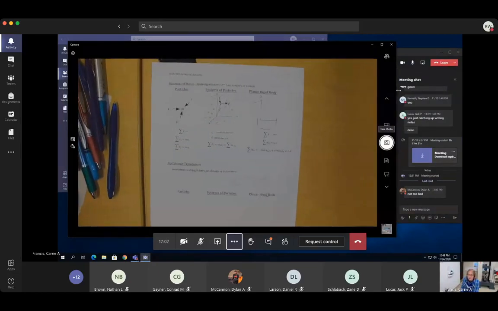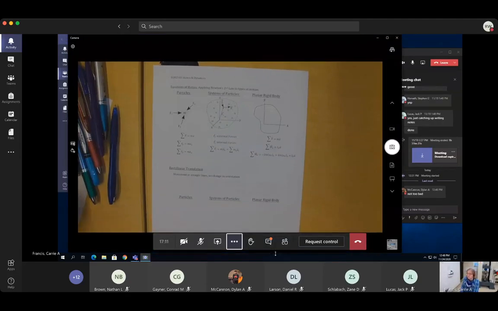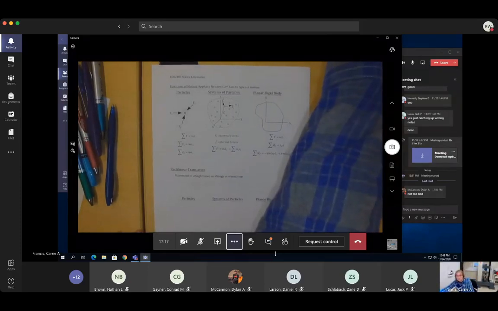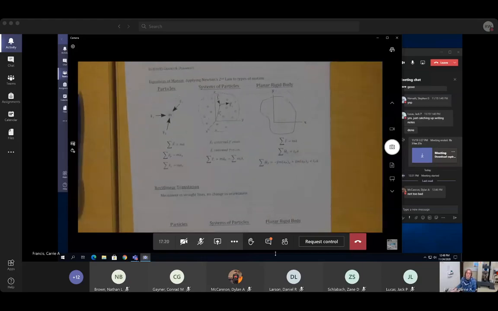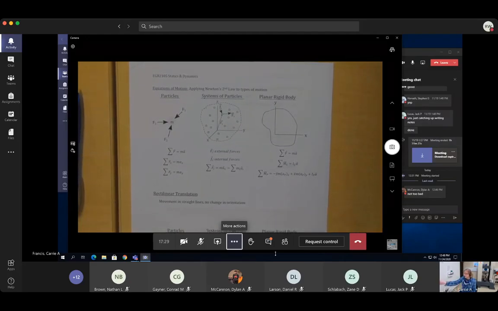All right, so this is what that handout looks like. The top of it should look familiar because it's what we started doing last time. So our goal at this point is we're really getting into the dynamics portion now.